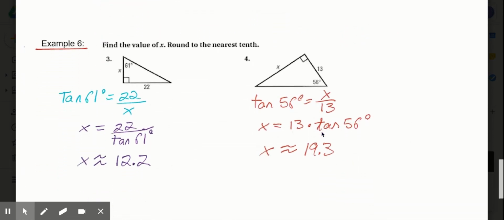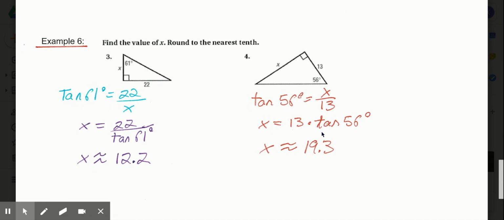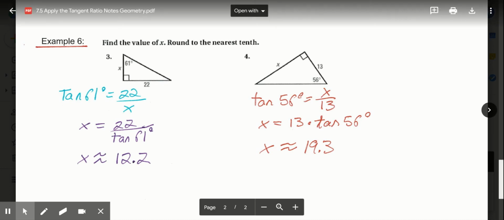And example 6, find the value of x, round to the nearest tenth. So looking at number 3 here, we have the tangent of 61 degrees equals 22 over x. So to solve for x, we would have 22 divided by the tangent of 61, giving us approximately 12.2.